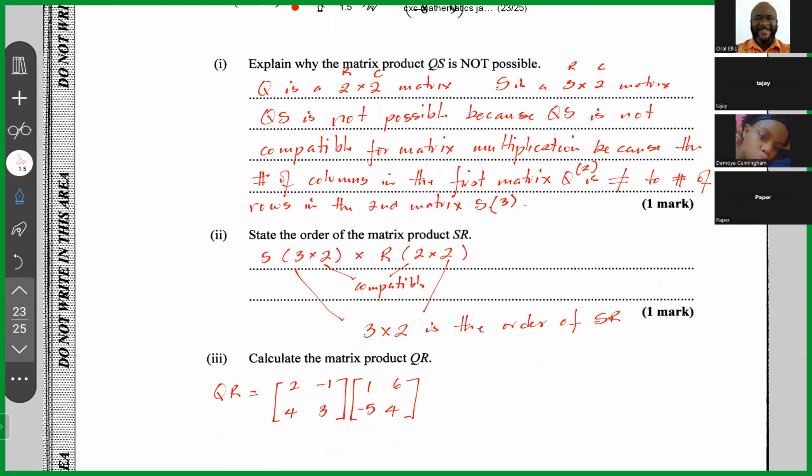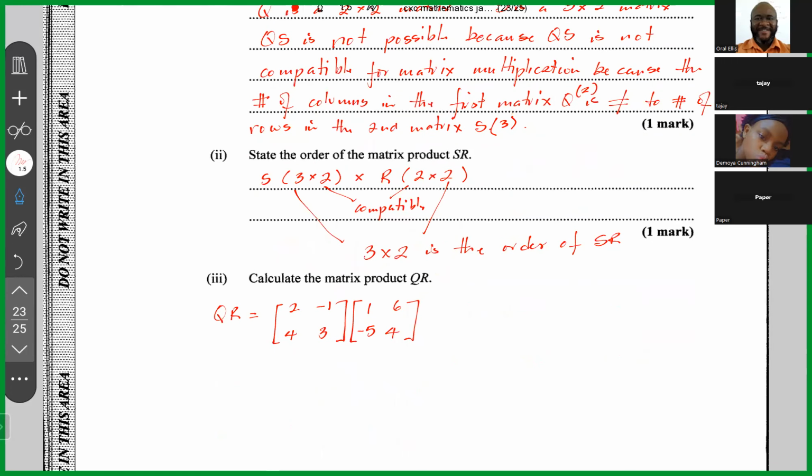All right, so let's multiply. When you're multiplying two matrices, multiply the rows of the first matrix by the columns in the second matrix. So we're going to multiply 2 times 1 is 2, minus 1 times minus 5 is 5, 2 times 6 is 6, minus 1 times 4 is minus 4, bottom row left column, 4 times 1 is 4, 3 times minus 5 is minus 15, bottom row right column, 4 times 6 is 24, and 3 times 4 is 12.